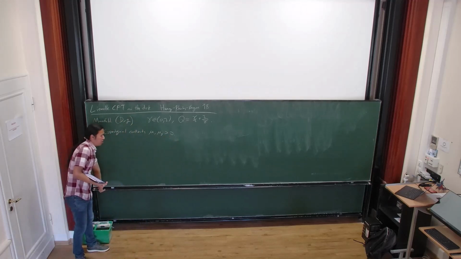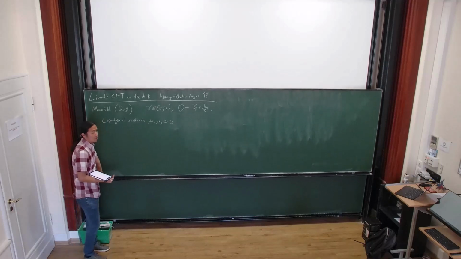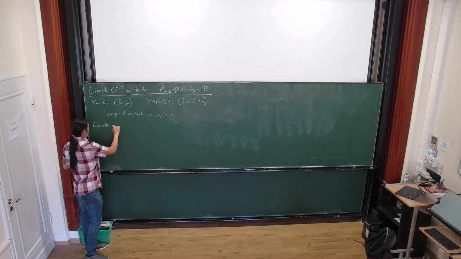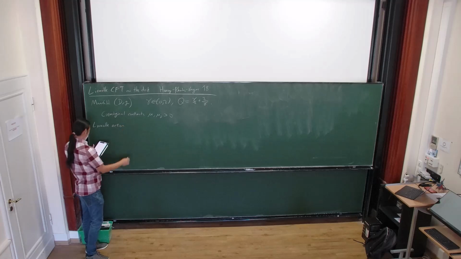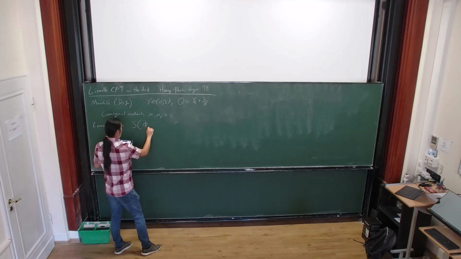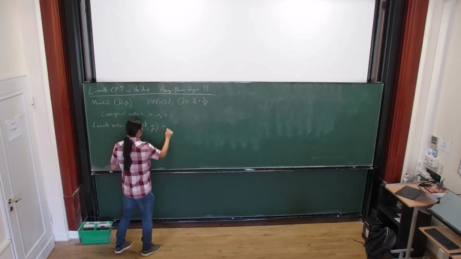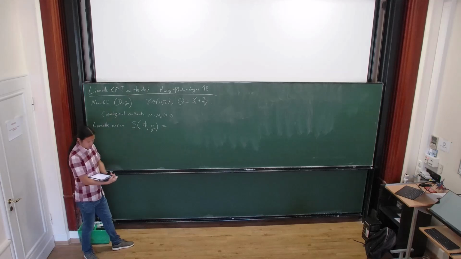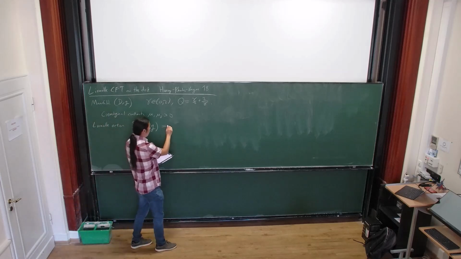So what we saw in yesterday's talk is the Liouville action, which I'll write down here. So phi is a function from the disk to the real numbers. And the Liouville action is as follows.